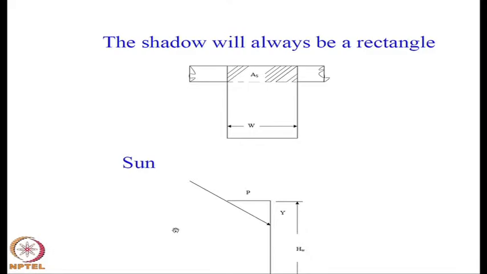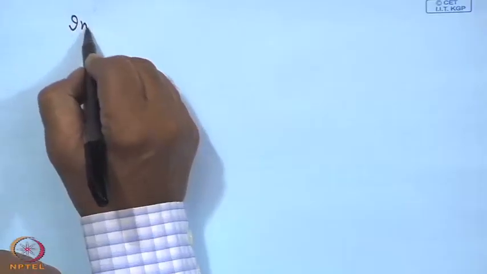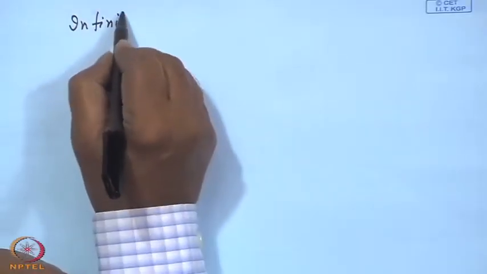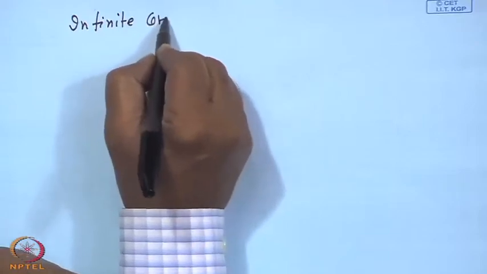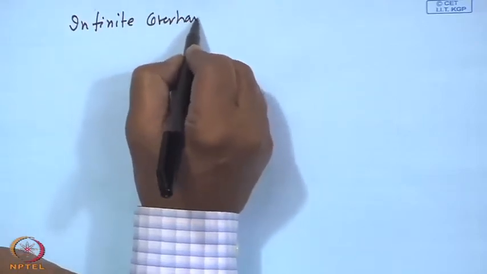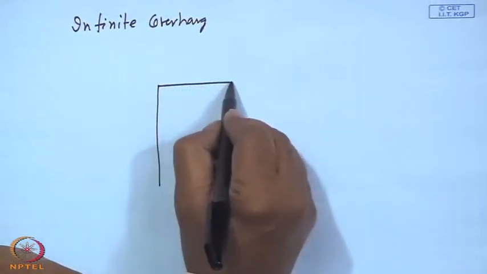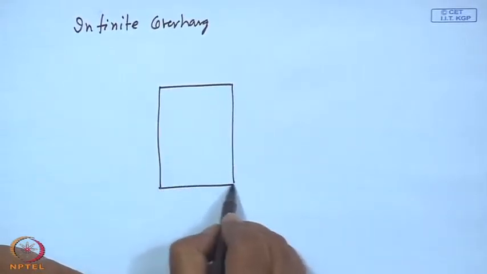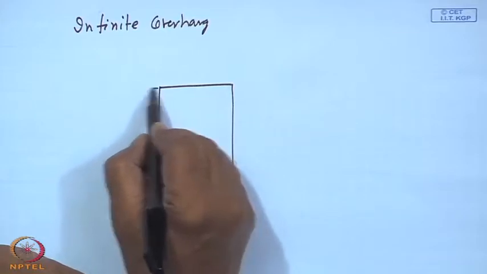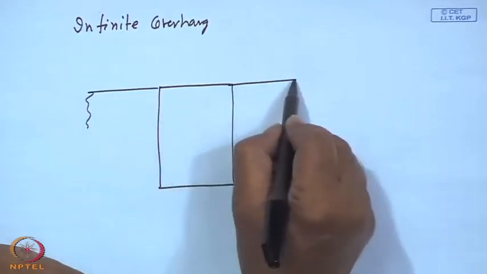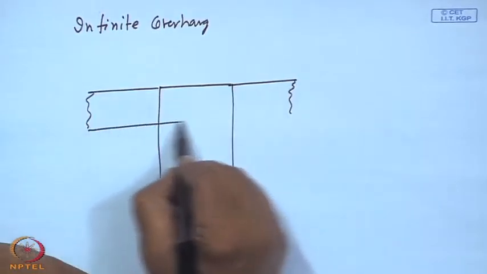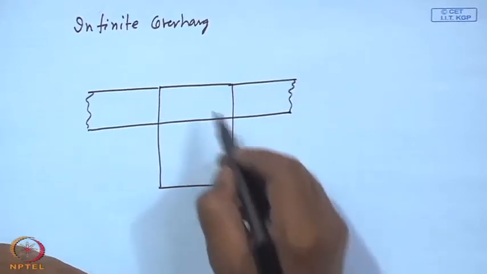But if you have an infinite overhang, as I have shown over here, so this may be 2 to 5 times the window.